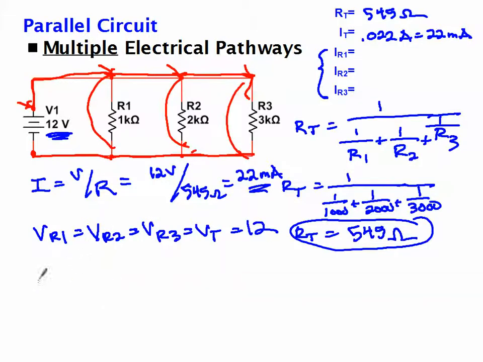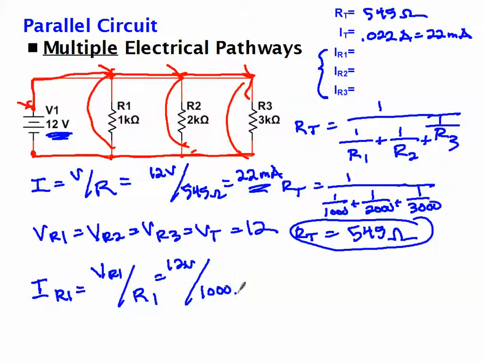Well, if that's the case, then again, Ohm's law, current equals volts divided by resistance. So IR1 equals 12 volts divided by 1,000 ohms equals 0.012 amps, or 12 milliamps.